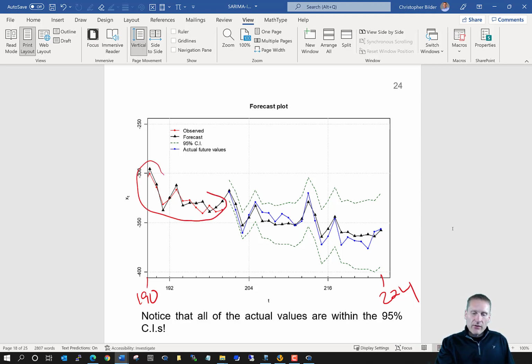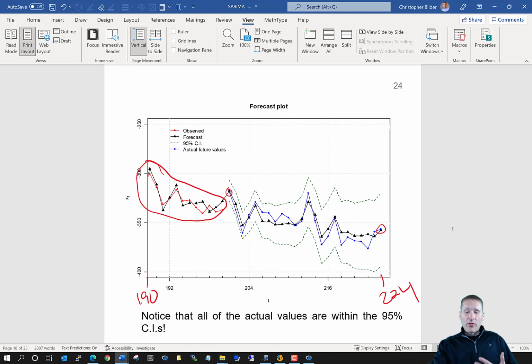Notice the model seems to follow the trend that was actually observed prior to 200. And then take a look at how the forecasted values tend to follow what the true future ones were. And the true future values are all within the 95% confidence interval boundaries or limits.